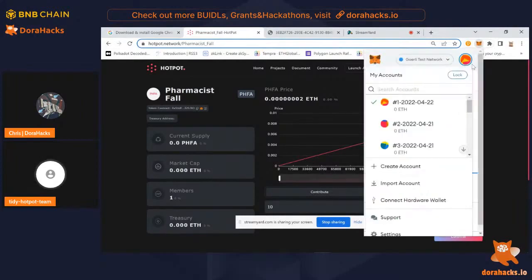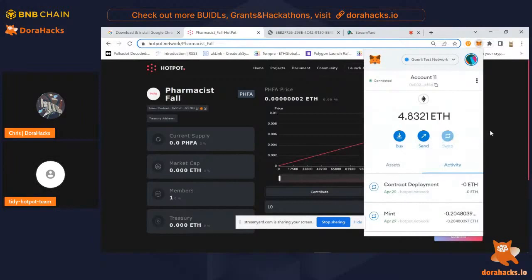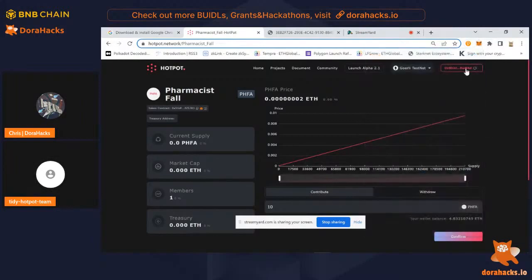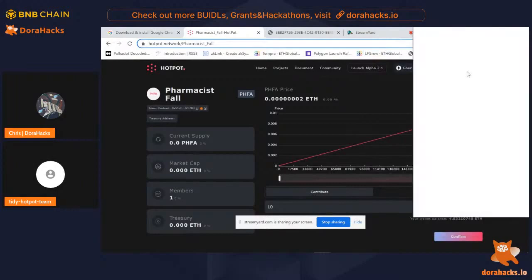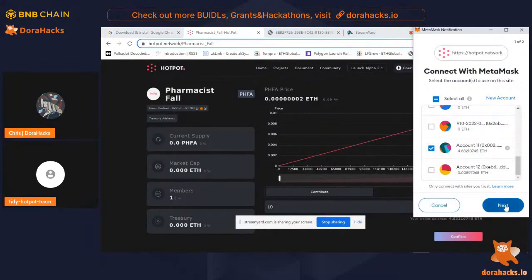Okay, sorry for that. I need to change to another wallet, which does have the GOE. So, okay, let me connect it.